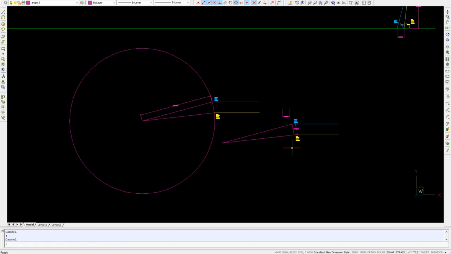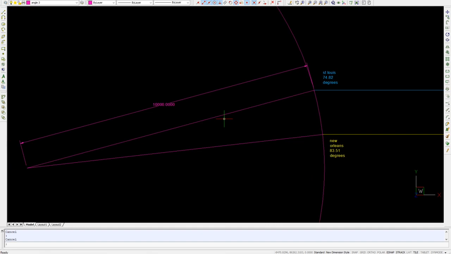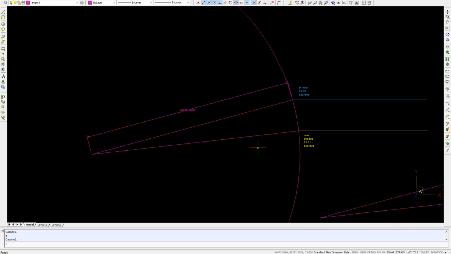Okay, so what I've done here is I've merely made these pink lines 10,000 long, and that's pretty much all I've done.